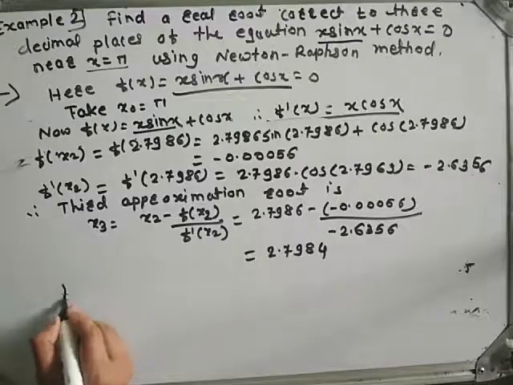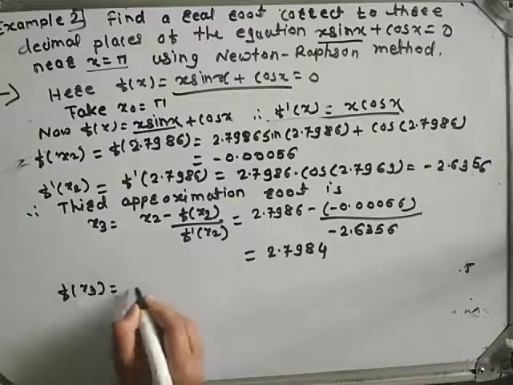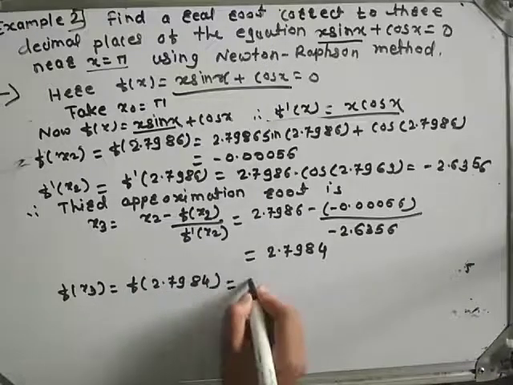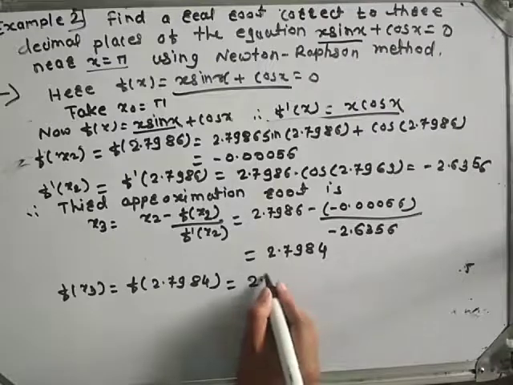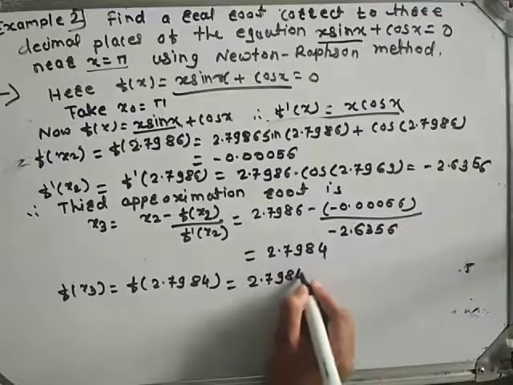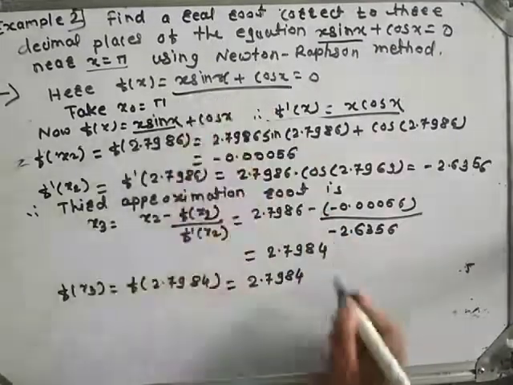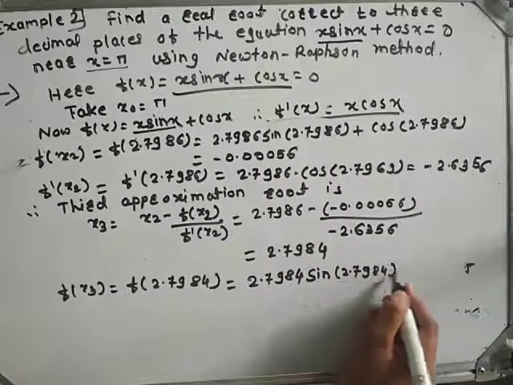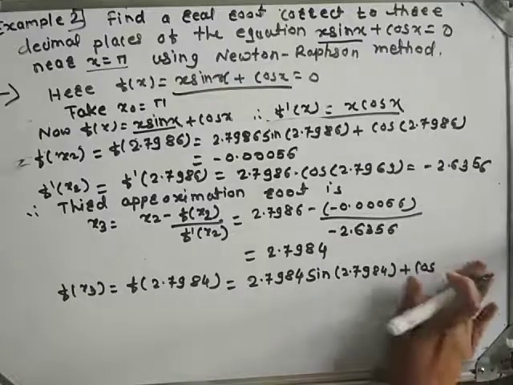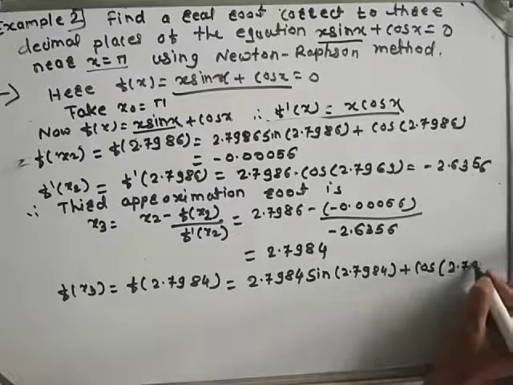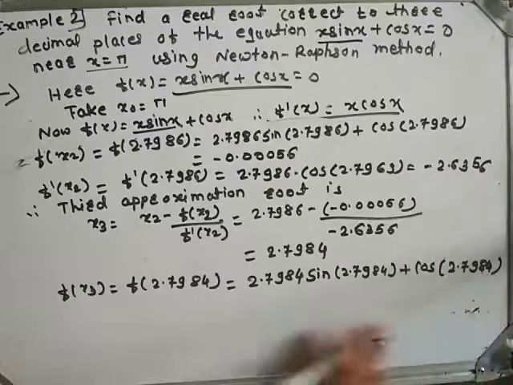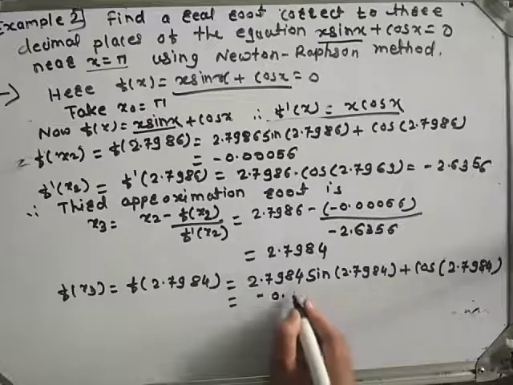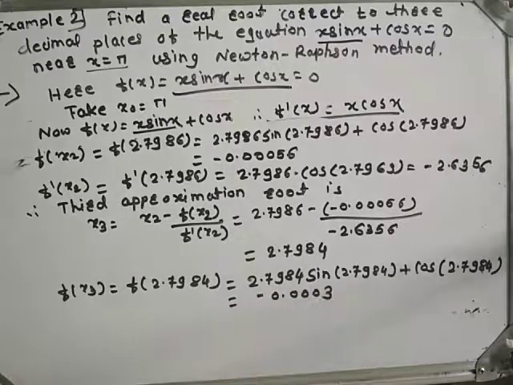Now we have to calculate f of x3, which is equals to f of 2.7984, which is equals to 2.7984 into sine 2.7984 plus cos of 2.7984, which is equals to minus 0.003.